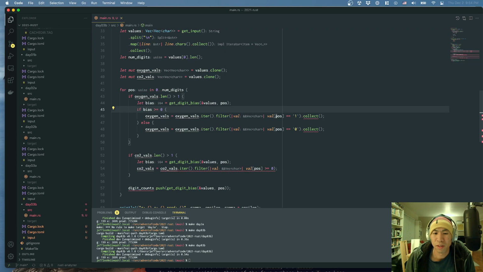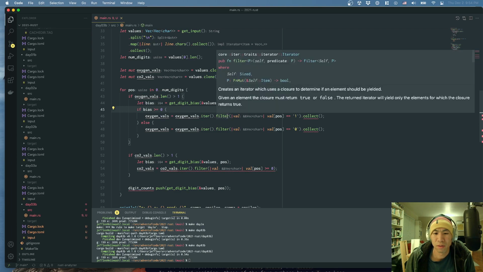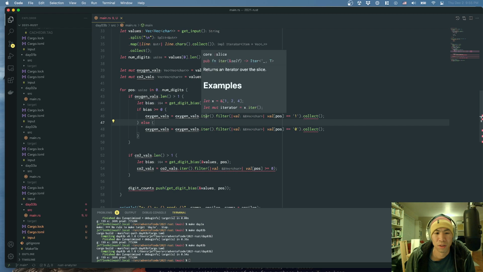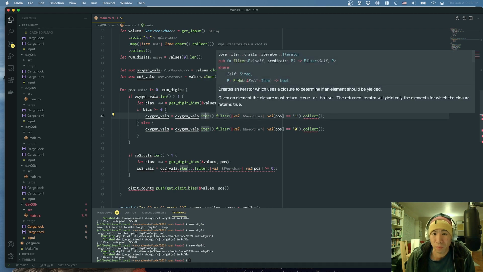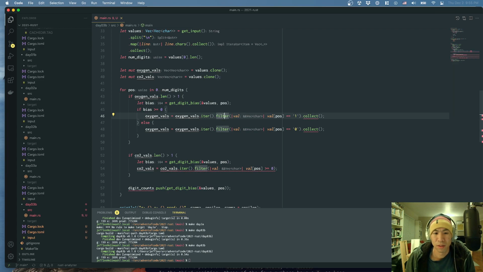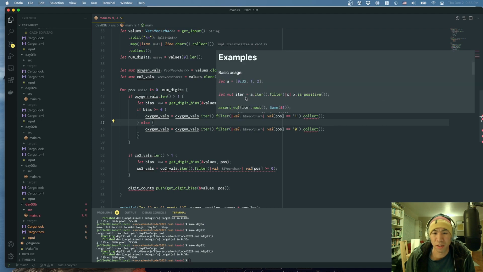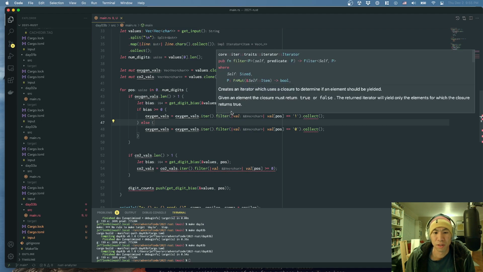The from iterator here is not. So the return value of this is an iterator of vec char global. Oh, global is the lifetime. Right. Okay, I get that this is the generic thing. Why don't you tell me what I'm actually writing here? That's weird.